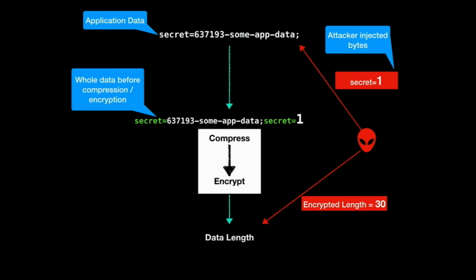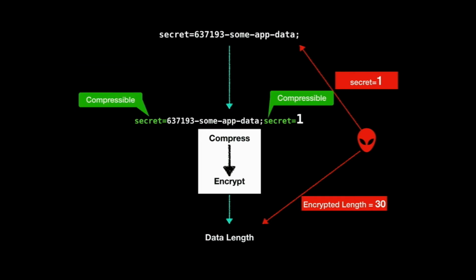Now, you can see just before it goes to the black box, the whole text looked something like this. If you take a closer look at what the attacker injected and the whole piece of text, there is a pattern here, right? The ones in the green, it looks like they can be compressed.